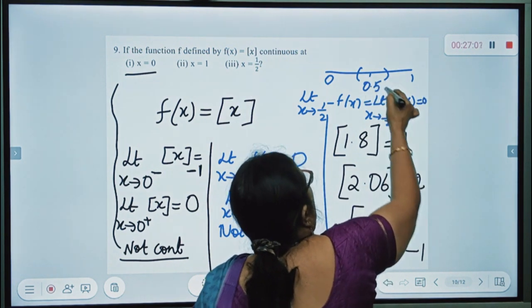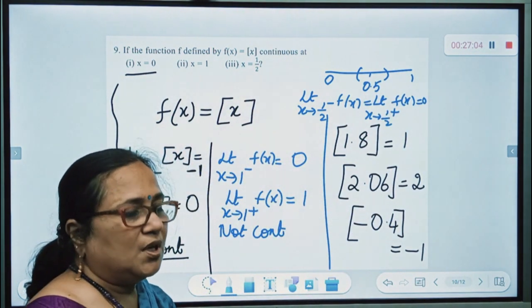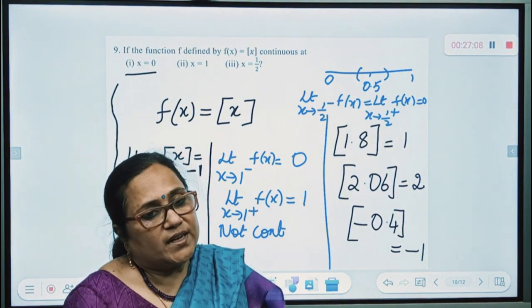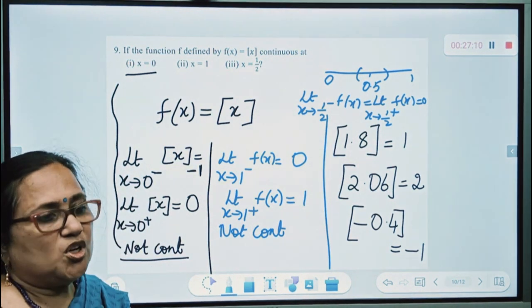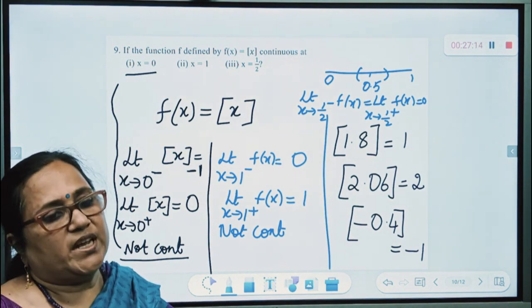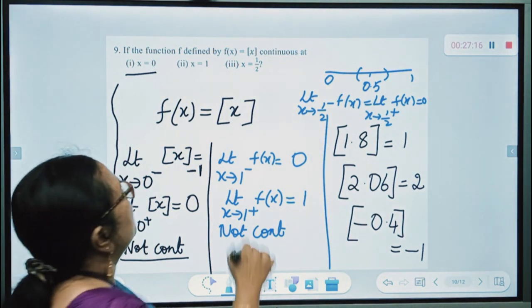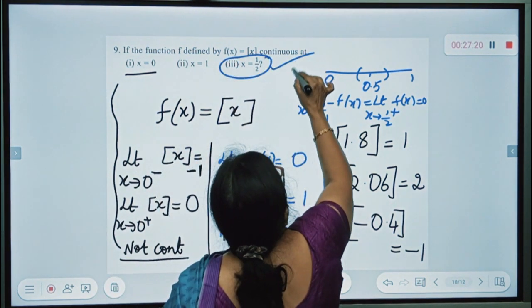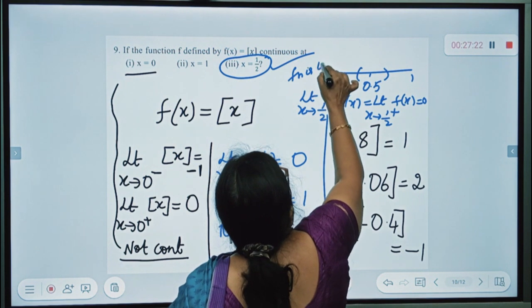Because whether I choose 0.4 or 0.6, the greatest integer function gives 0. So if you take values around 0.5, the greatest integer function is the same number, which is 0. So f is continuous only at x equal to half.